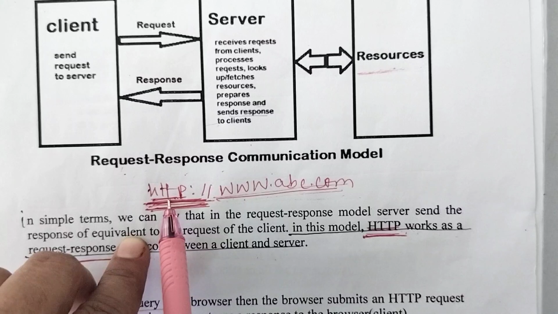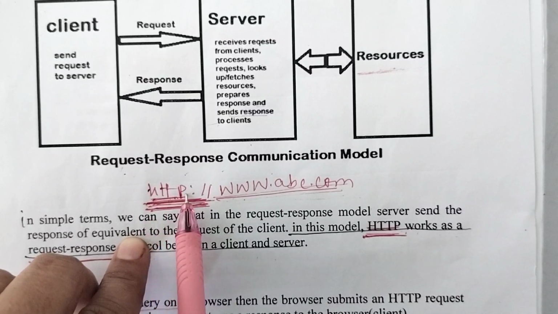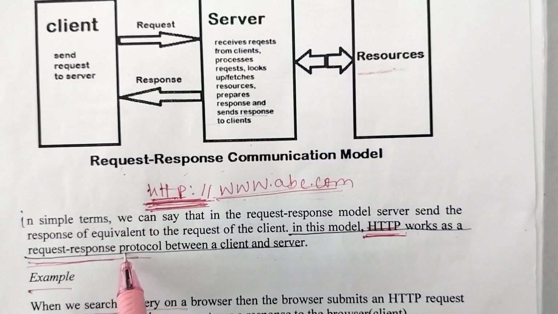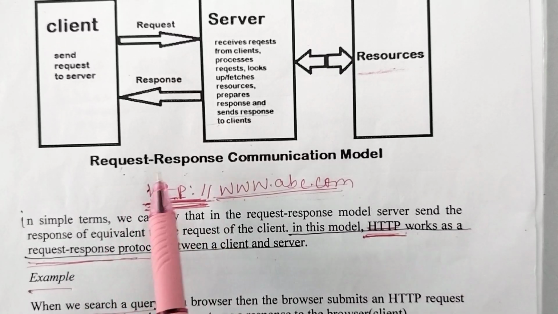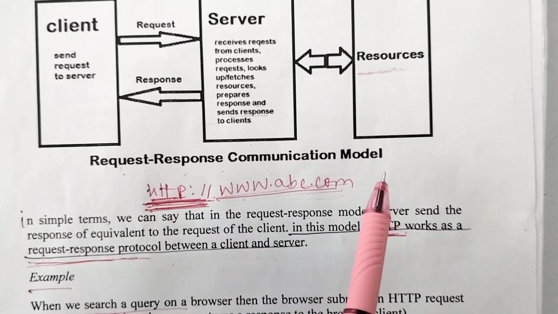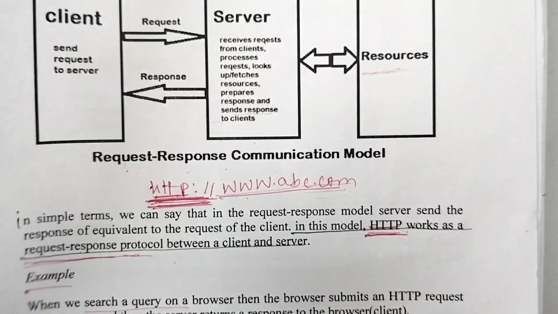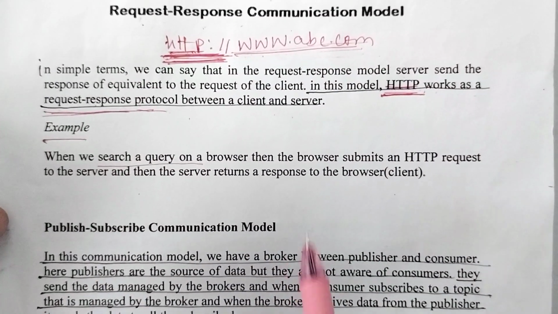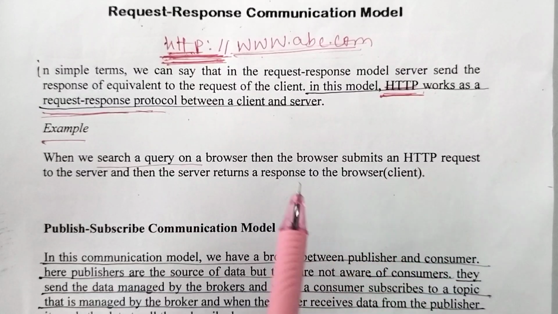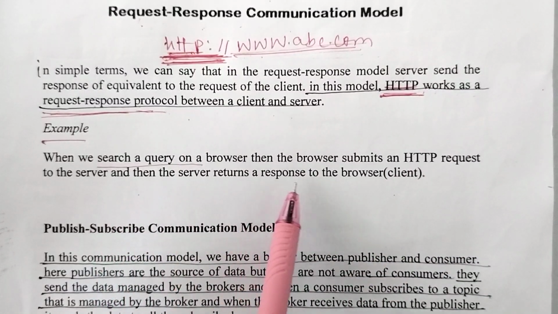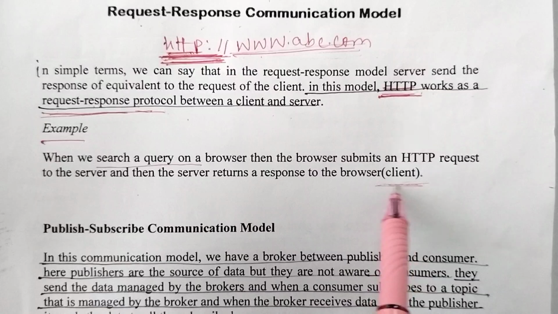Because HTTP, the hypertext transfer protocol, is that particular protocol which facilitates the request and response procedure in a request response communication model. For example, as I already told you, when we search a query on a web browser, the browser submits an HTTP request to the server, and the server returns a response to the browser, which is your client.